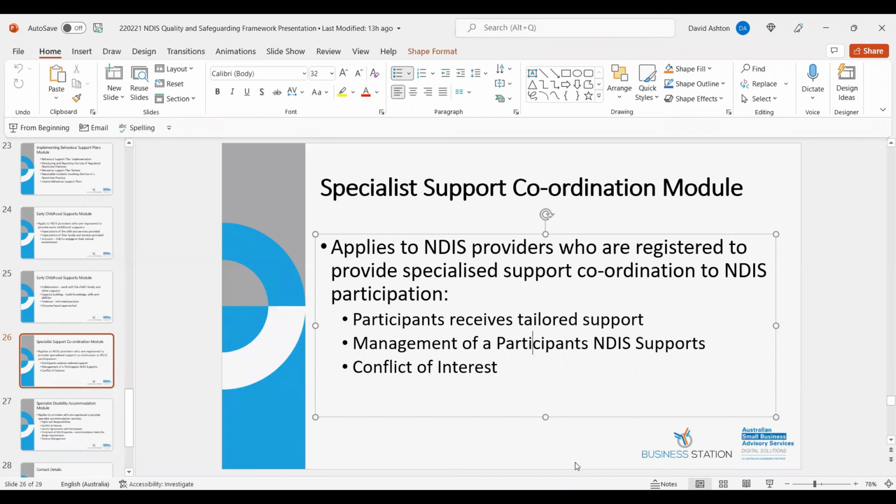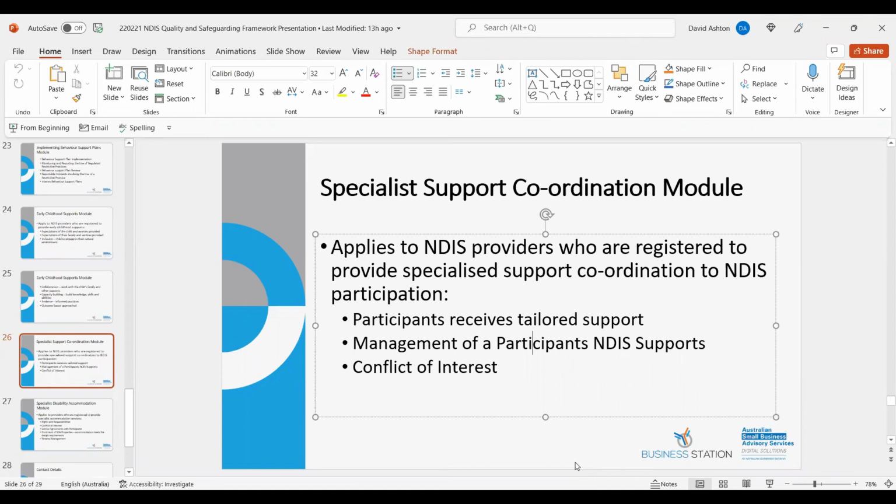So conflict of interest is a consideration here, and this would also form part of your governance arrangements that we talked about earlier. Each participant receives transparent, factual advice about their support options which promote choice and control. So you need to develop some policies around conflicts of interest between yourself and the participant.